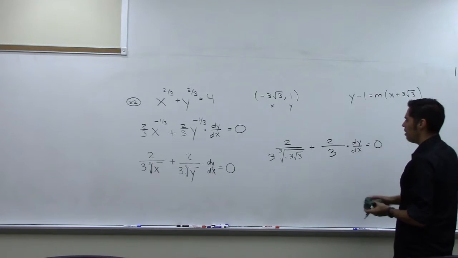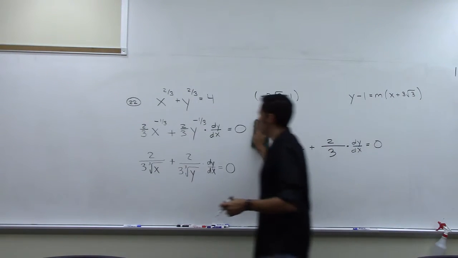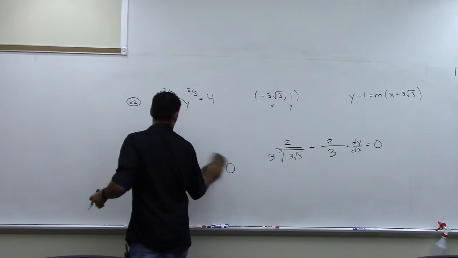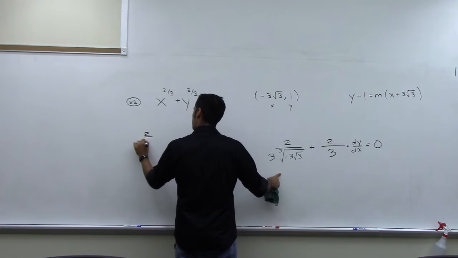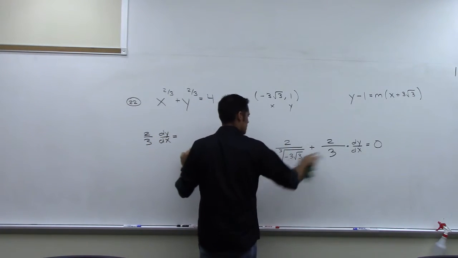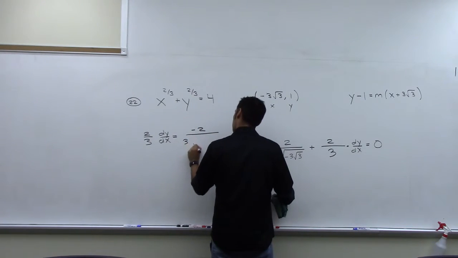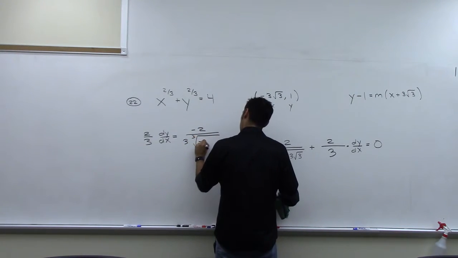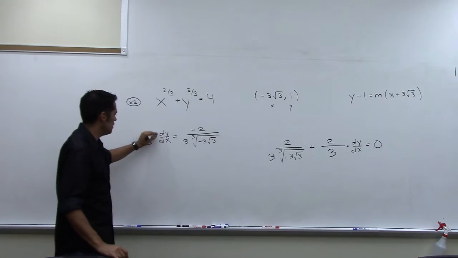But what I'll do is I'll move this to the other side first. So when I move that to the other side, it'll become 2/3 dy/dx equals, that to the other side, negative 2 over 3 cube root of negative 3 root 3. And then I'm going to get the dy/dx by itself.